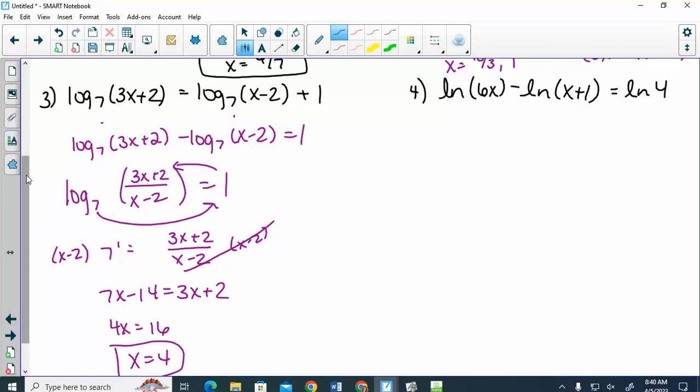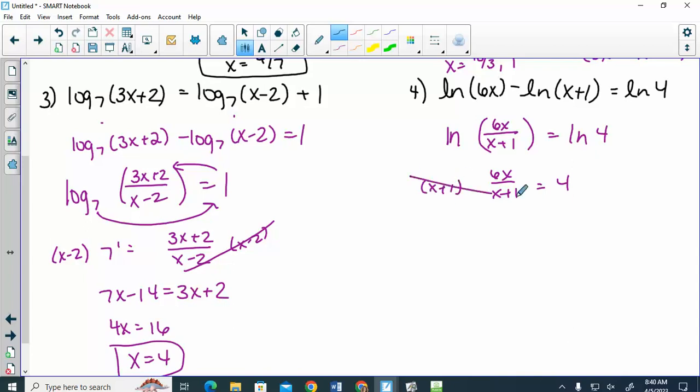Number 4, what do we do? A couple options. If I just work as it is, everything has a log. So we just need to combine to 1 on each side. Those are subtracted, so you would divide. And then if you have 1 log on each side, you can drop them.